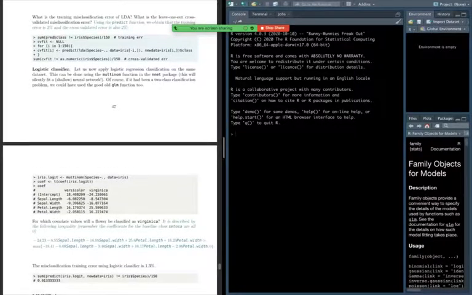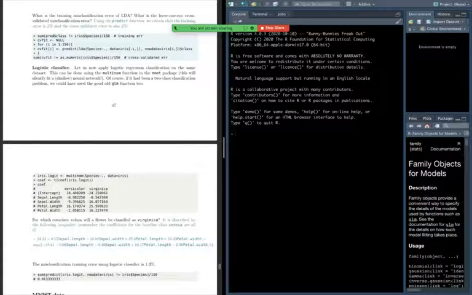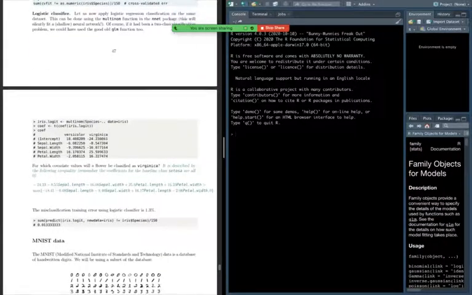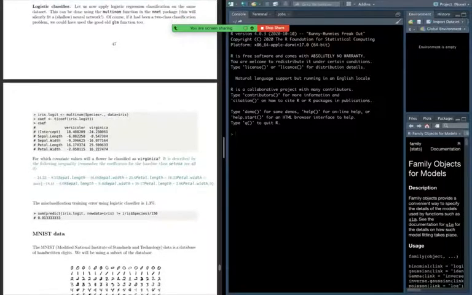Okay, and then with the logistic classifier, this is what I was saying, that maybe you couldn't answer this question here. I left it here because you will understand this when we see logistic classification on Monday.